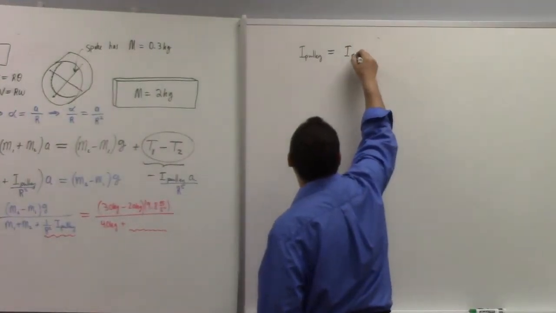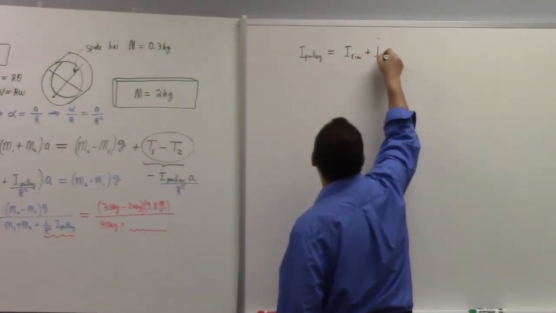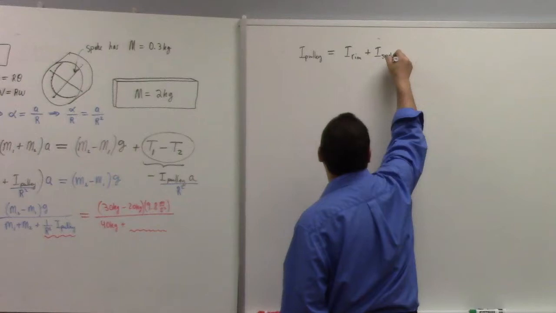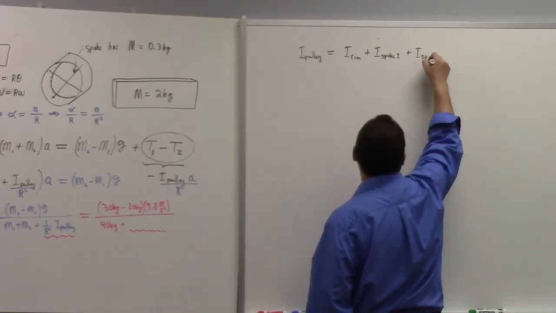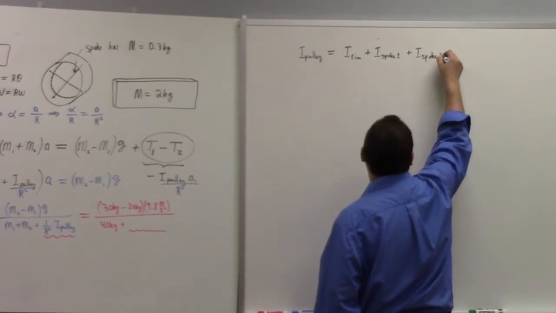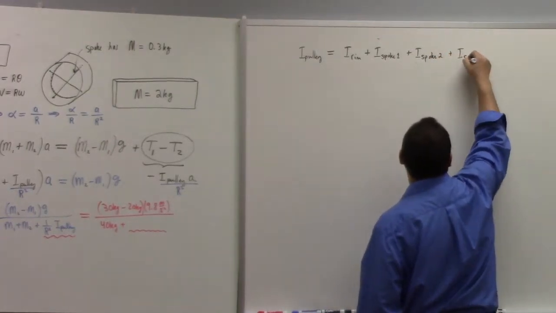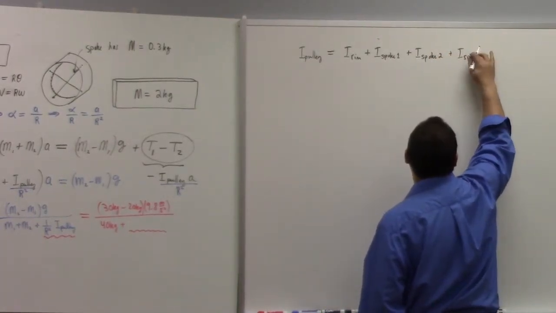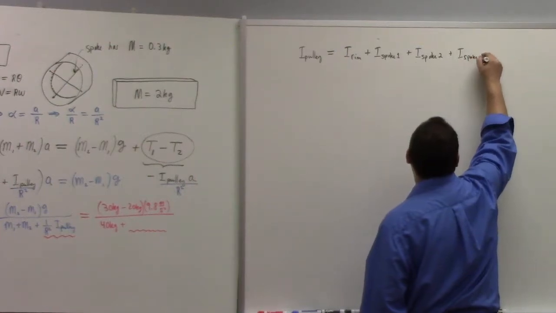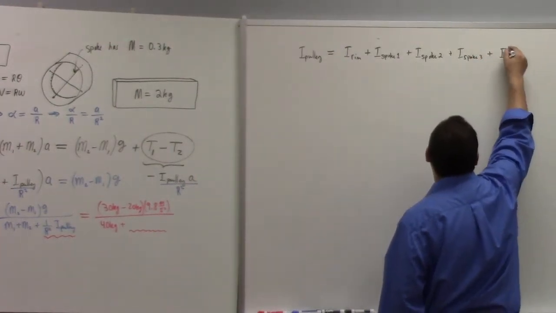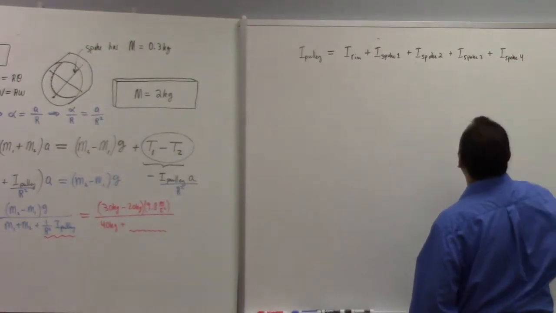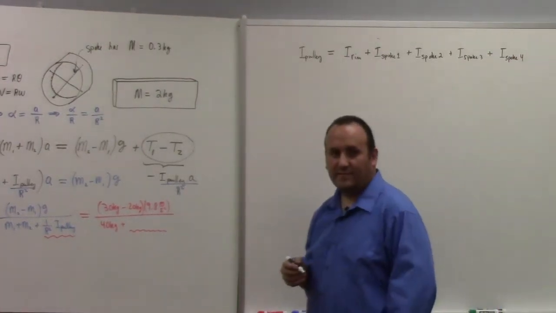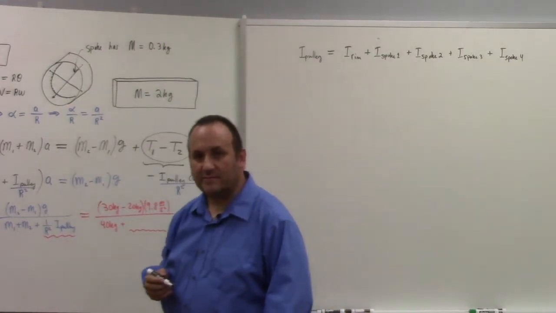The inertia for the rim, plus the inertia for spoke 1, plus the inertia for spoke 2, plus the inertia for spoke 3, plus the inertia for spoke 4. This is really silly to have written that.